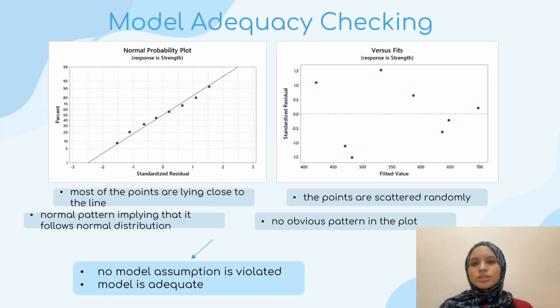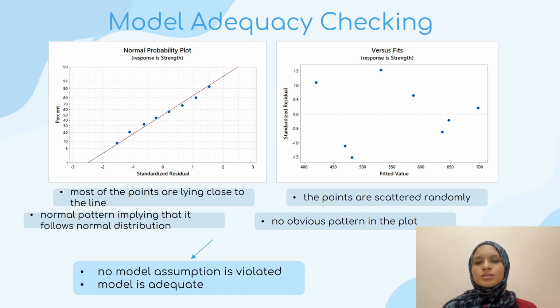For the model adequacy checking, we observe the normal probability plot and the scatter plot of the standardized residuals. In the first plot, we can see that most of the points are lying close to the line and the pattern is following a normal distribution. In the second plot, the points are scattered randomly and there is no specific or obvious pattern.